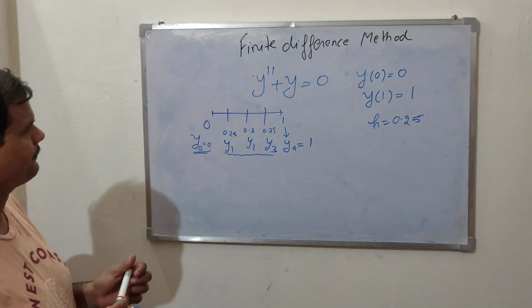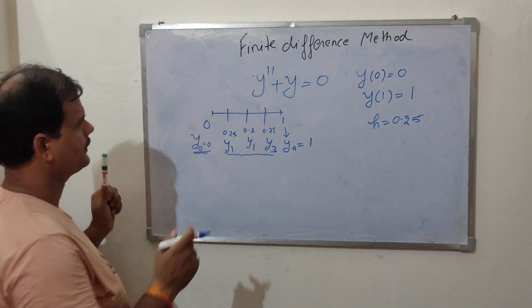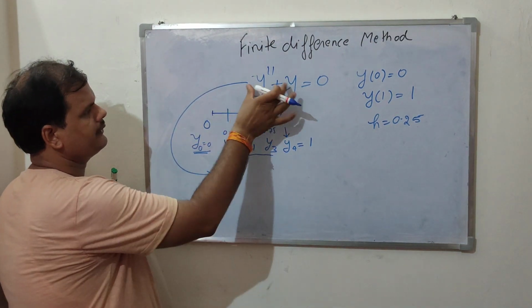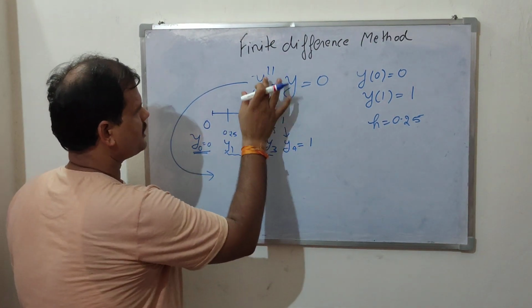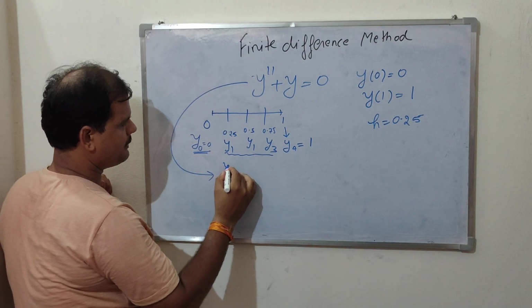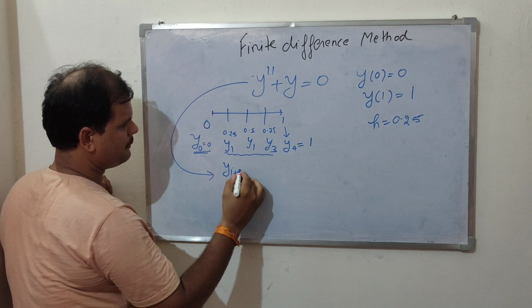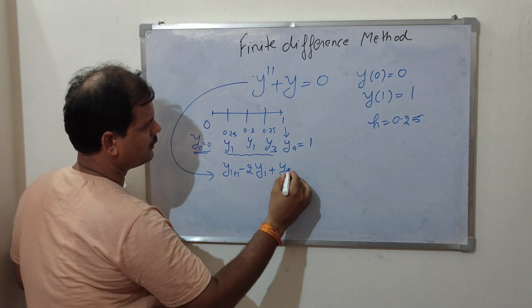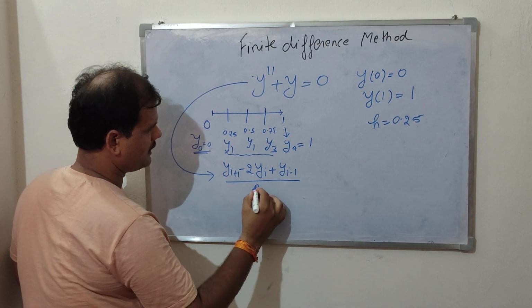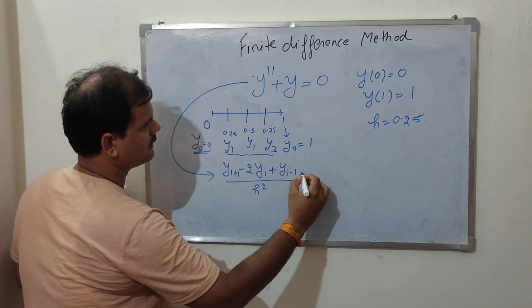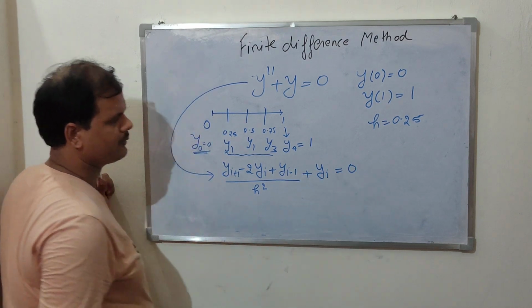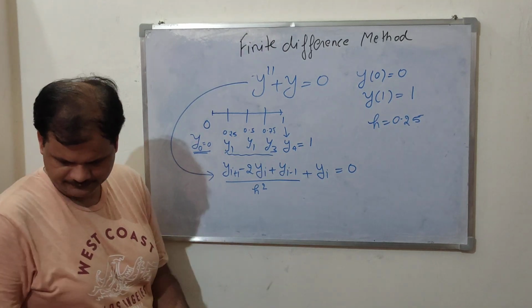So let me write the finite difference approximation of y double dash. We have (y_{i+1} minus 2y_i plus y_{i-1}) by h square plus y_i equal to 0.